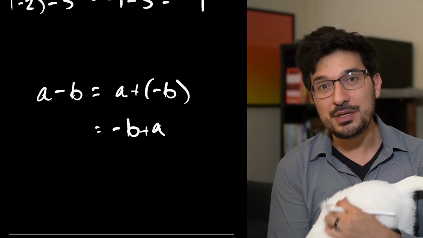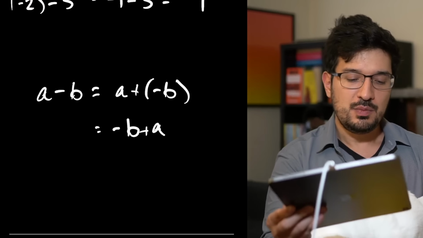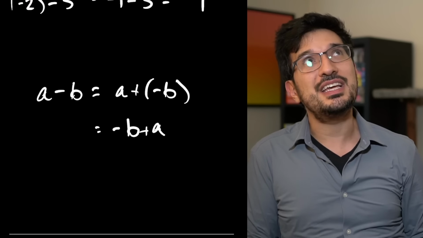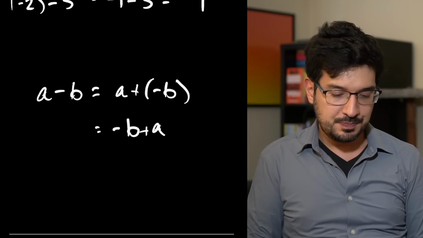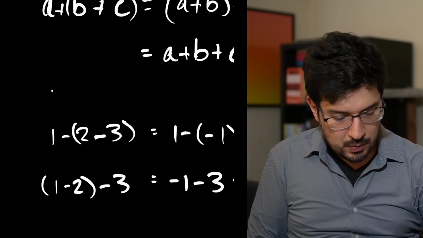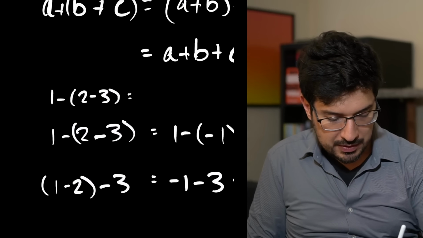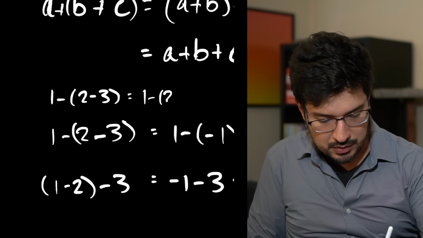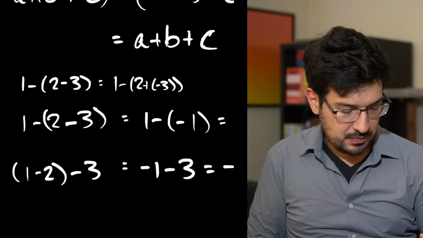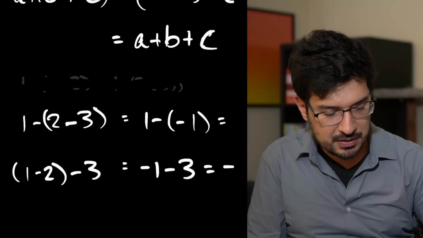We have commutativity of addition all the time, including with negative numbers. So rewriting 1 minus 2 minus 3, this would be 1 minus 2 plus -3. Well, that's not going to change the fact that these two are not equal.